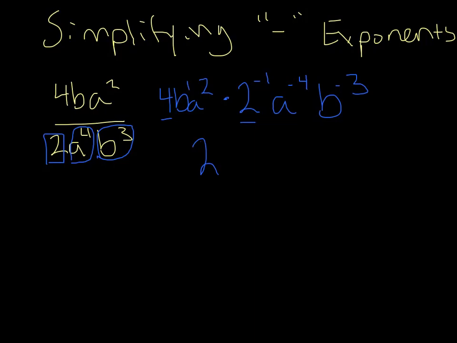And when we multiply, we add the exponents. So 1 plus negative 3 would be negative 2. And then we have a to the second times a to the negative fourth. So 2 plus negative 4 would be negative 2. So we have 2b to the negative second, a to the negative second, which is what we got the other way we did it as well.